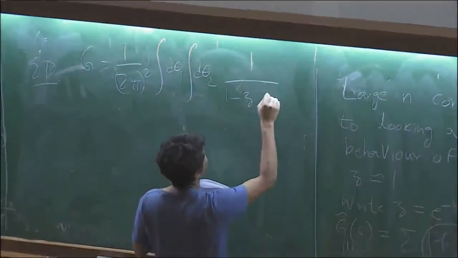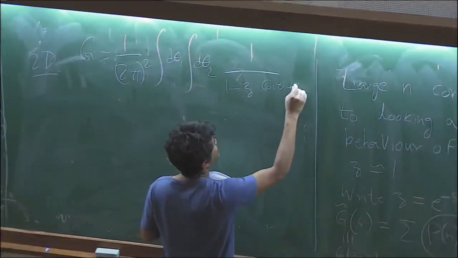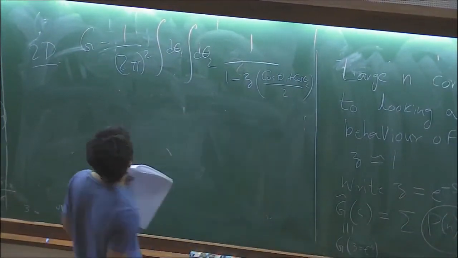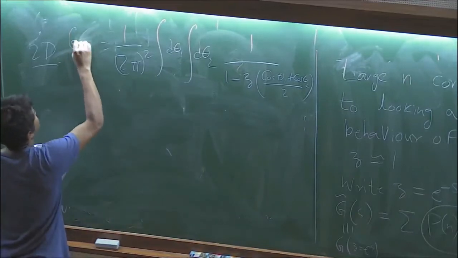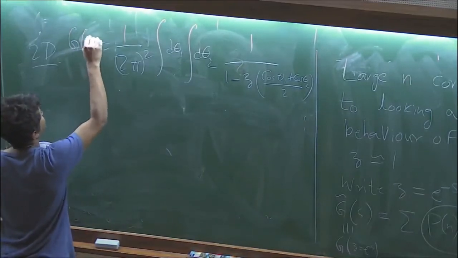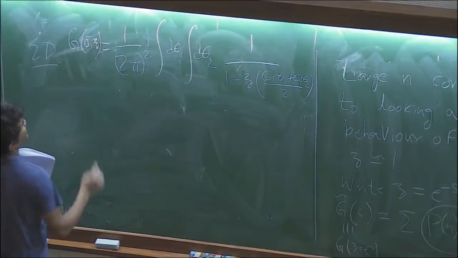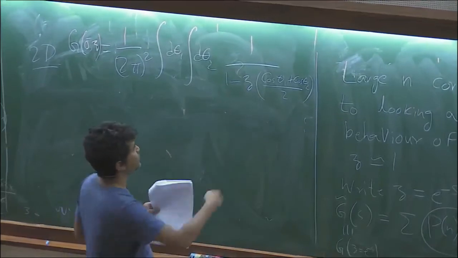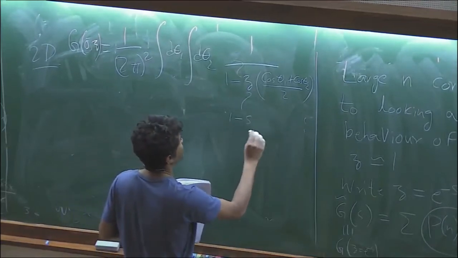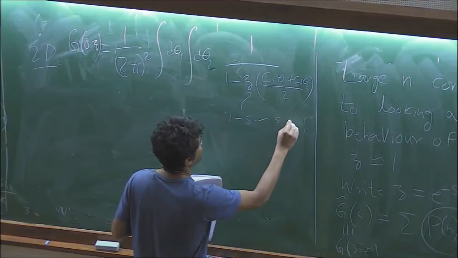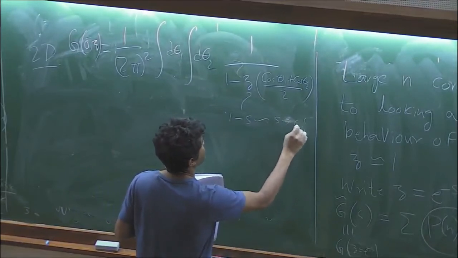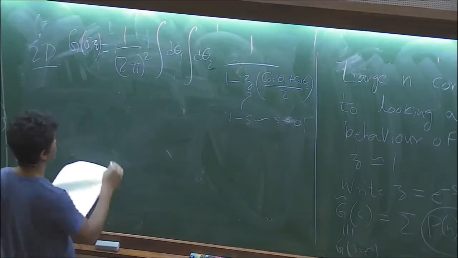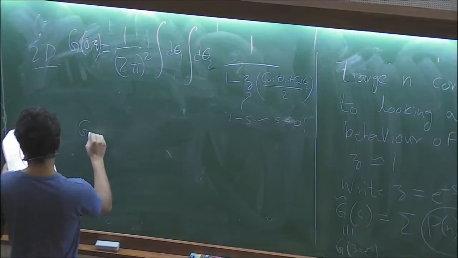So if z is there, so cos theta 1 is, so this is g of, and then again you have to compute it for z very close to 1. So let's say z is 1 minus this. Okay, so if you do this in 2 dimensions, what you get is g.